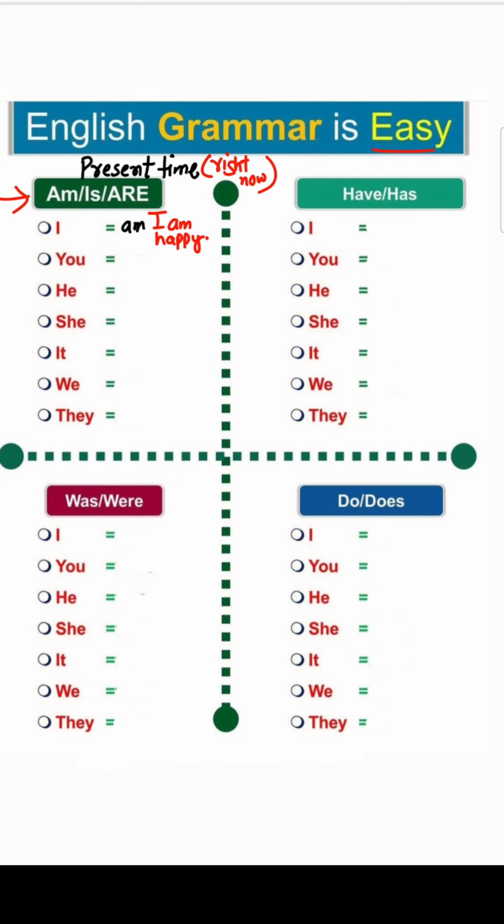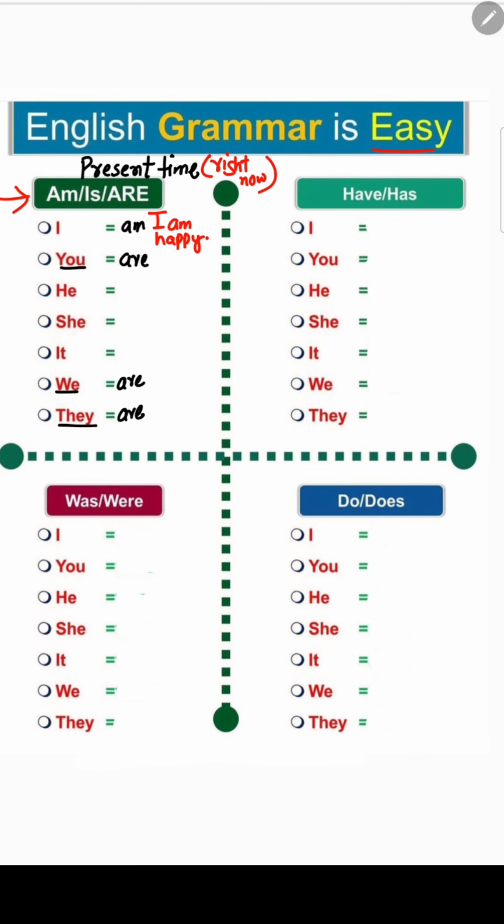And next we have you. With you, we, they, we use are. Right? These are plural subjects.